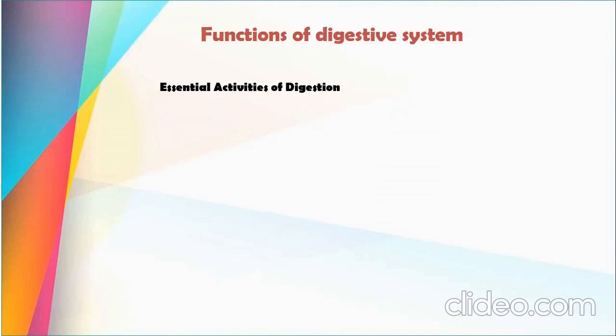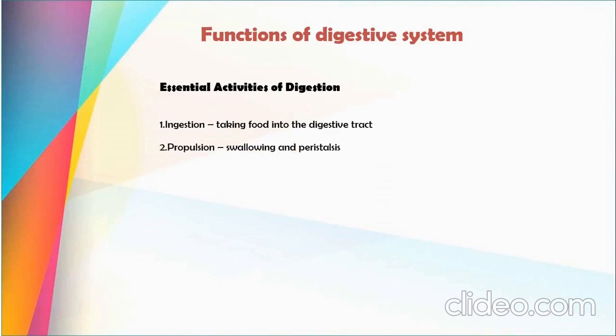Essential activities of the digestion include: first one is the ingestion, which is taking the food into the digestive tract. Next one is the propulsion, in that the swallowing and the peristalsis. Third one is the peristalsis, which means the waves of contraction and relaxation of muscles in the organ walls.